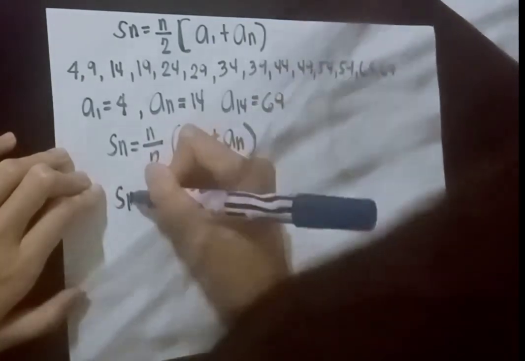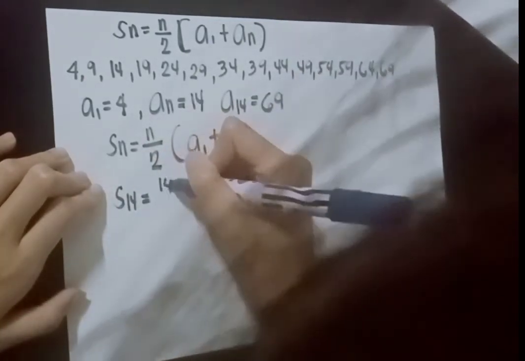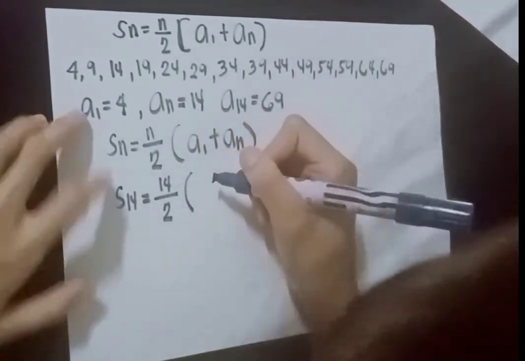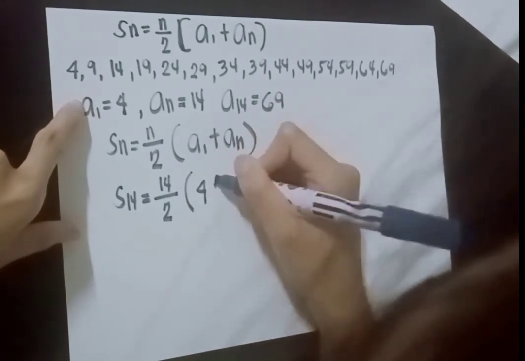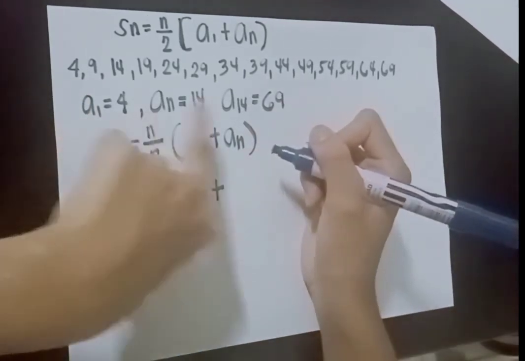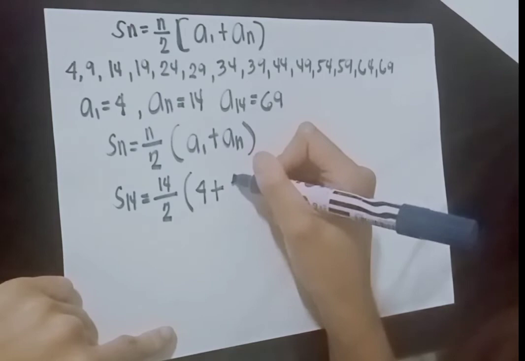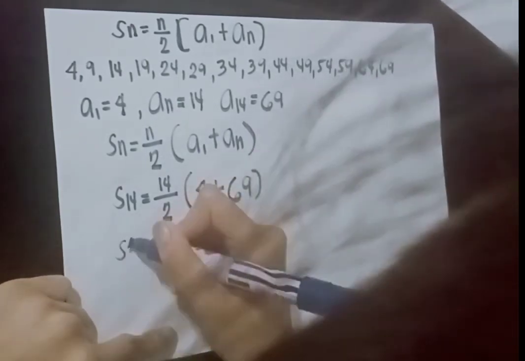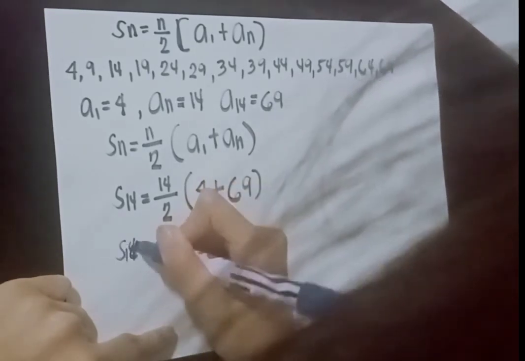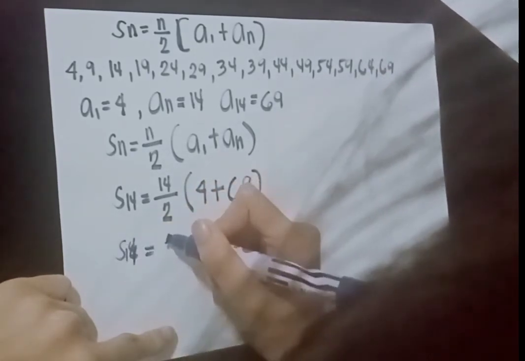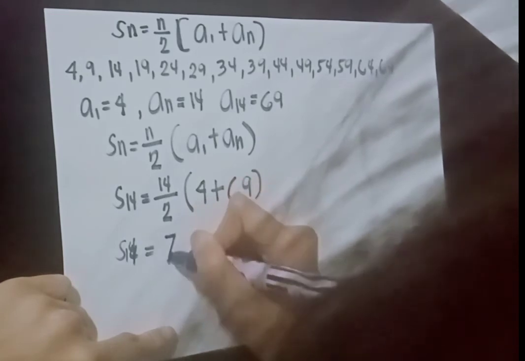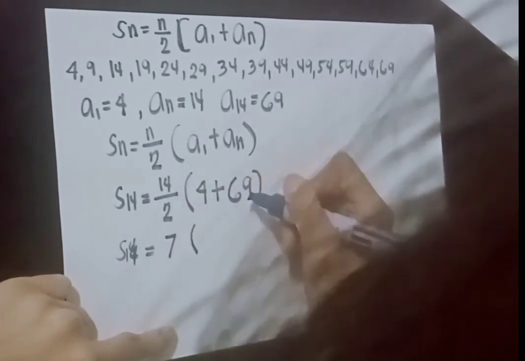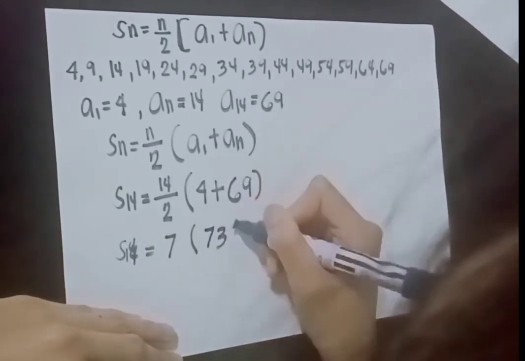This will be S14 equals our n, which is 14, divided by 2, times our a sub 1, that is 4, plus our a sub n, or a sub 14, which is 69. Next we divide: 14 divided by 2 is 7, then times 4 plus 69, which is 73.